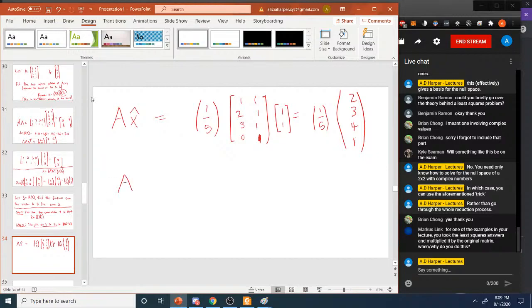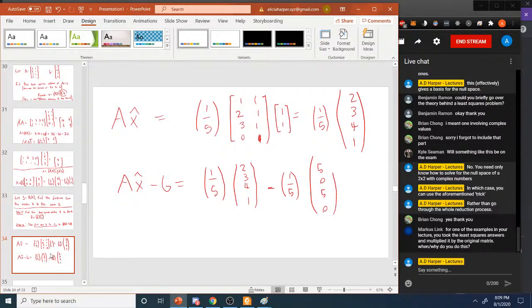So now AX hat minus B is going to be the vector 1/5 times 2, 3, 4, 1, and then minus the vector B, which we write as minus 1/5 times 5, 0, 5, 0.